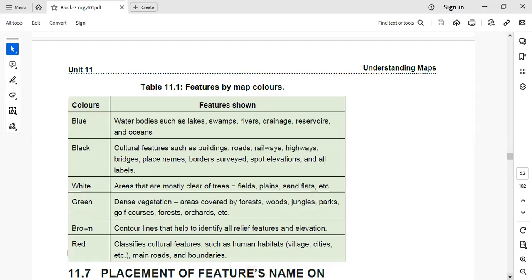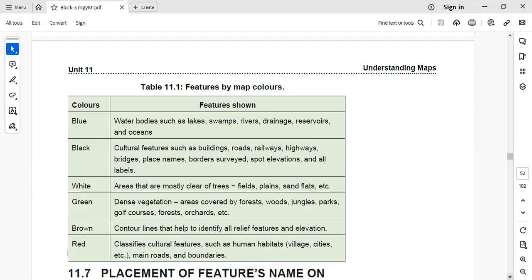Blue color is used to represent the water bodies like lakes, dams, river, drainage, reservoir, and oceans. Then there is black color. Black color is used to represent the buildings, roads, railway, highway, villages, place names, water surveyed, spot elevation, and all levels.